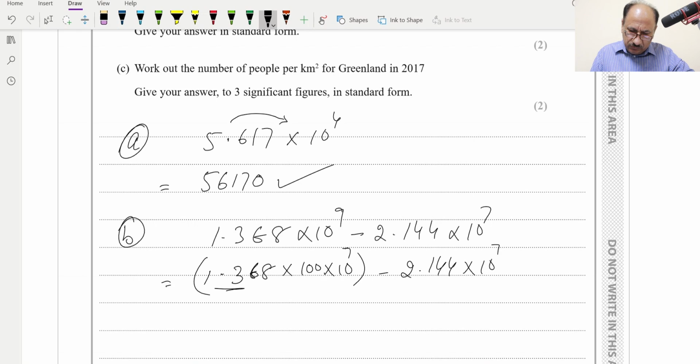Now this number will be multiplied by 100, and it will become 136.8. Two decimal places, the decimal will move to the right, × 10 raised to the power 7, minus 2.144 × 10 raised to the power 7.